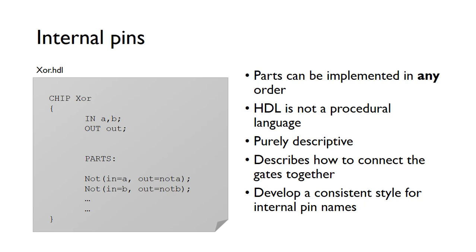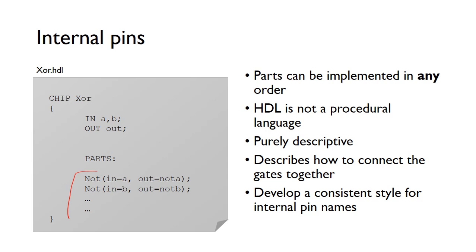So the parts here can be implemented in any order. When we think about procedural programming languages like C or Java, we know the code executes line by line. But HDL is not a programming language, it's more of a scripting language.